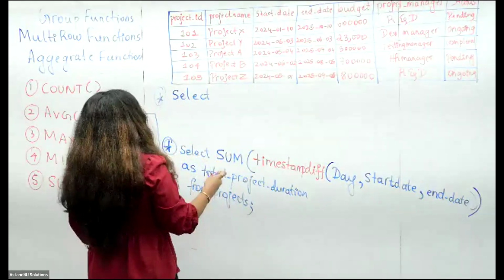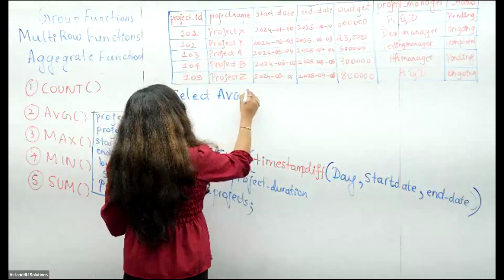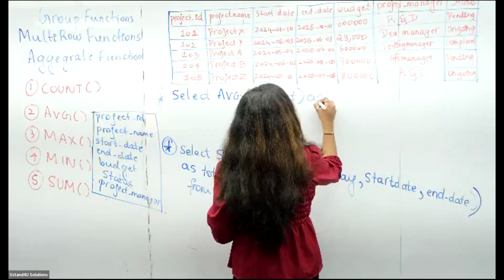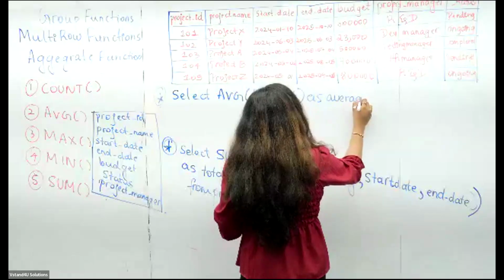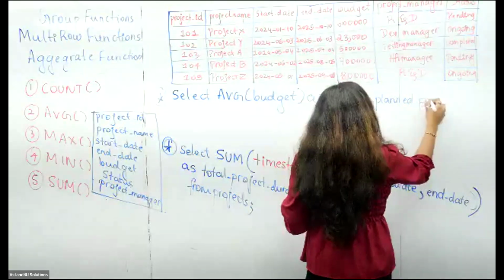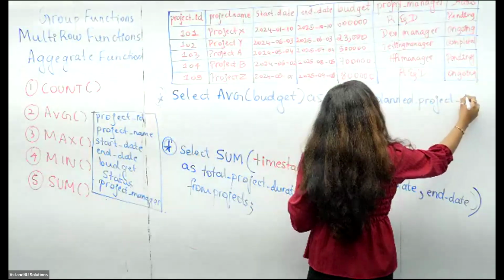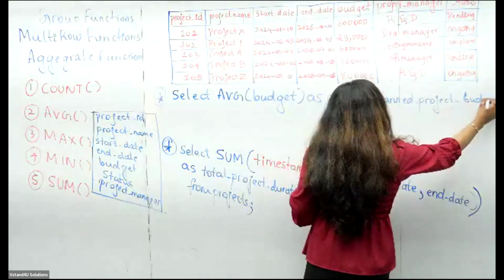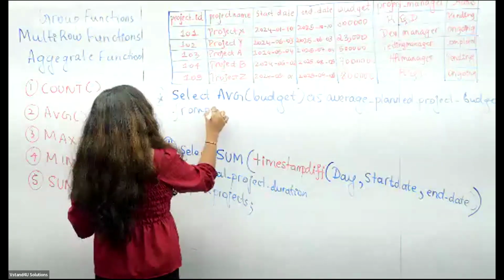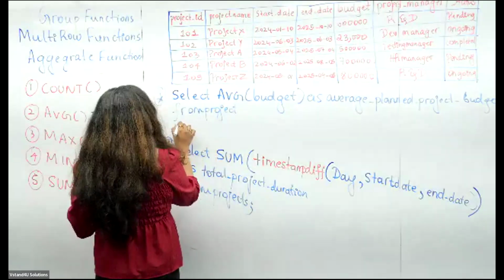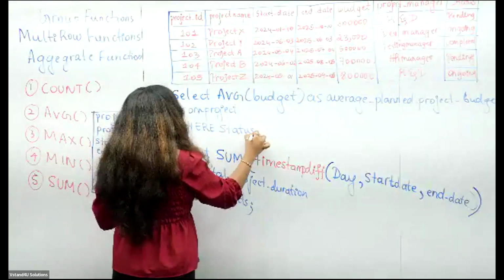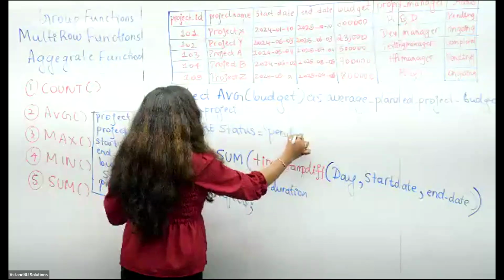You will write: select average budget as average planned project budget from project where status is equal to correct.